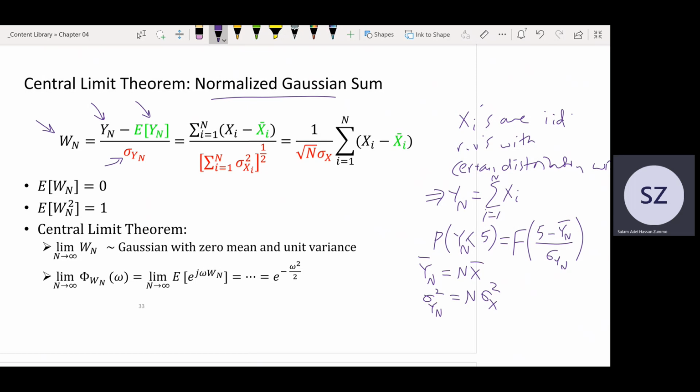When you do this, it will be the summation of xi minus xi bar divided by the standard deviation, which is the square root of the summation. When you open this up, it will be 1 over square root of n sigma x summation. The good thing about this normalized Gaussian sum is that it has zero mean and unit variance.